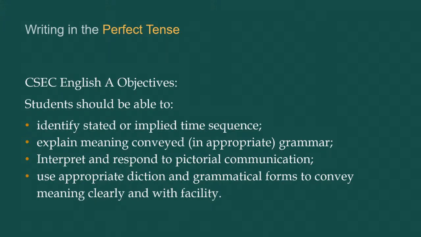We are seeking to explain meaning conveyed in appropriate grammar. We are seeking to interpret and respond to pictorial communication and use appropriate diction and grammatical forms to convey meaning clearly and with facility, and that means fluency.